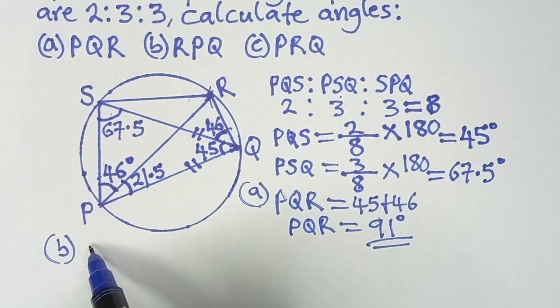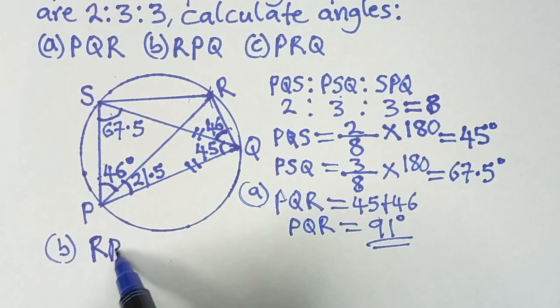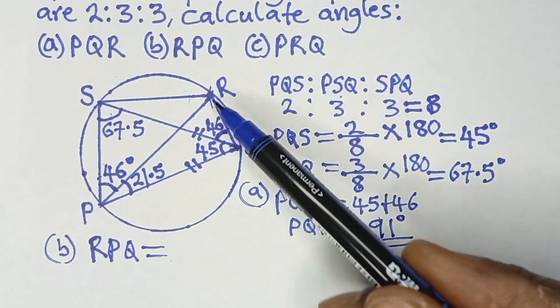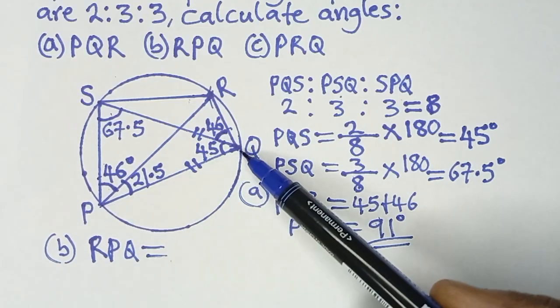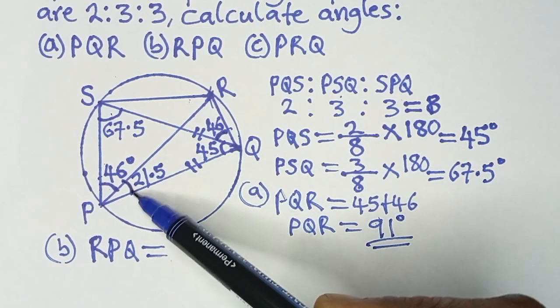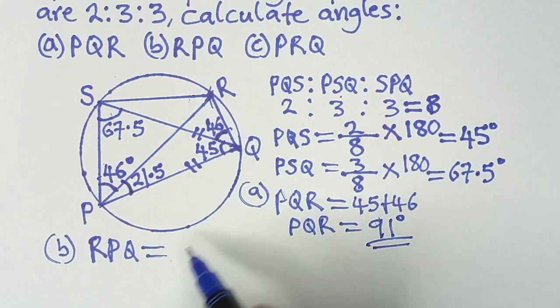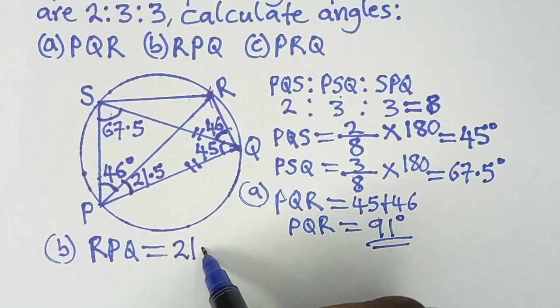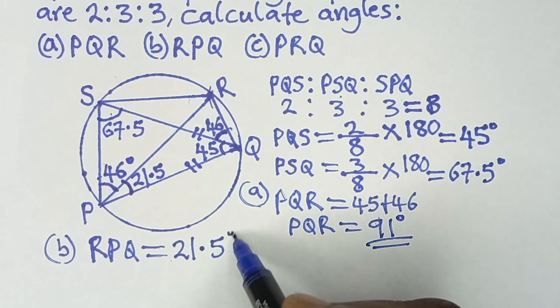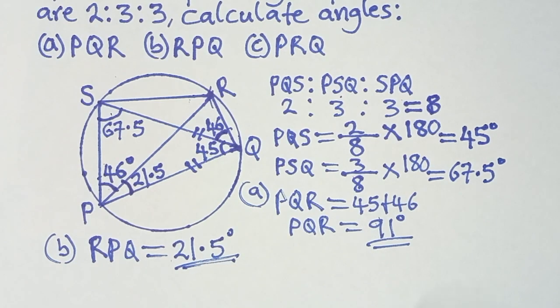So angle RPQ is equal to what? See it, RPQ, which is this angle here. That is already 21.5. We have already obtained it already. So that is 21.5 degrees, as you can see it in the diagram. So that is simple. Now let's move on to the C part of the question.